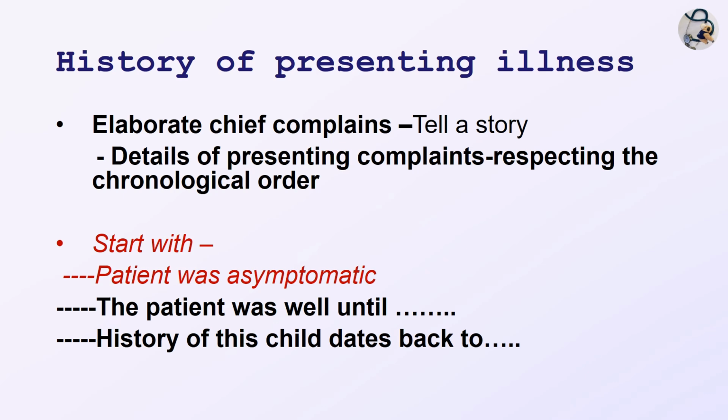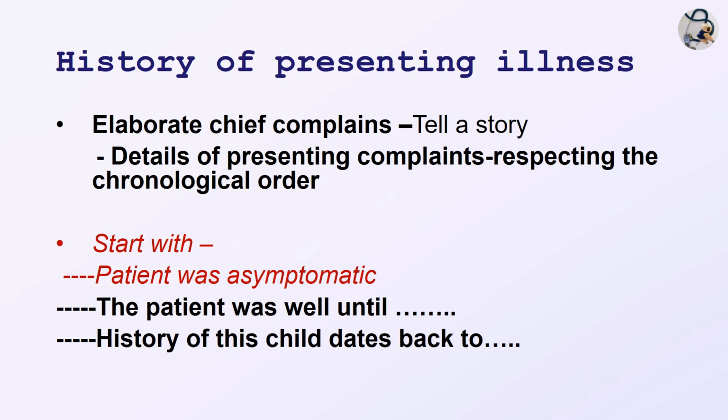While elaborating chief complaints, it should be like you are telling a story. You talk about details of the presenting complaints respecting the chronological order. Always start with the statement, patient was asymptomatic so many days ago. Then you start mentioning the complaints. Or you can even say, the patient was well until this date.